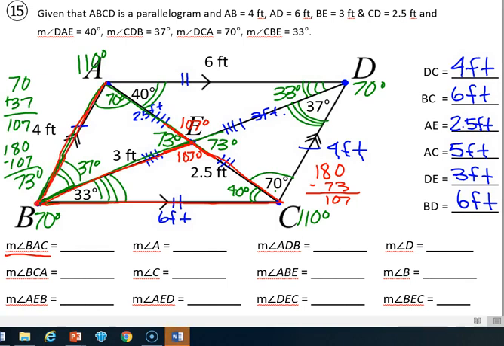That's one side of my angle right there, BA. The other side of my angle is AC. So it's this right here. What was between those two sides? It was this 70 degrees right there. So that's the answer that we're looking for, 70 degrees. Angle A would be all of this up here, that whole thing. That's angle A right there, which was 110 degrees.